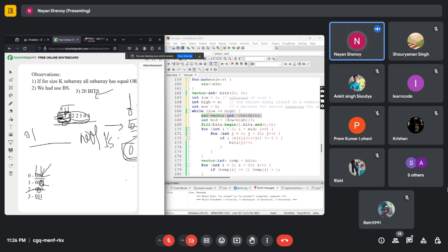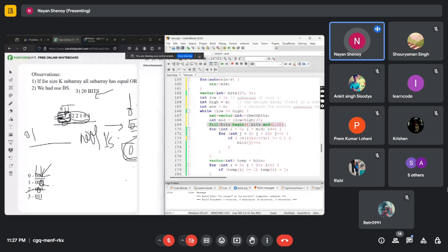Okay. I'm taking mid, and this is because I'm making sure that the bit array is filled with zeros initially, because we don't have anything present right now. So all should be zero. Okay. So now, as I told here, let's assume that the mid is 3 in this case.